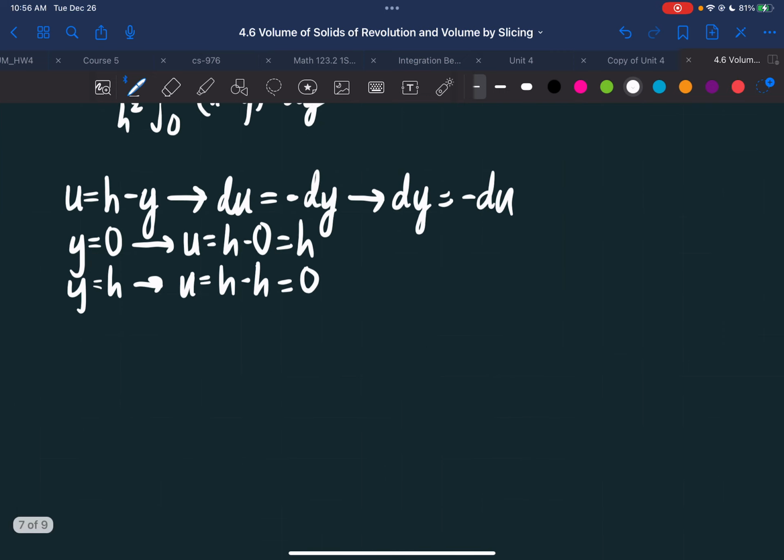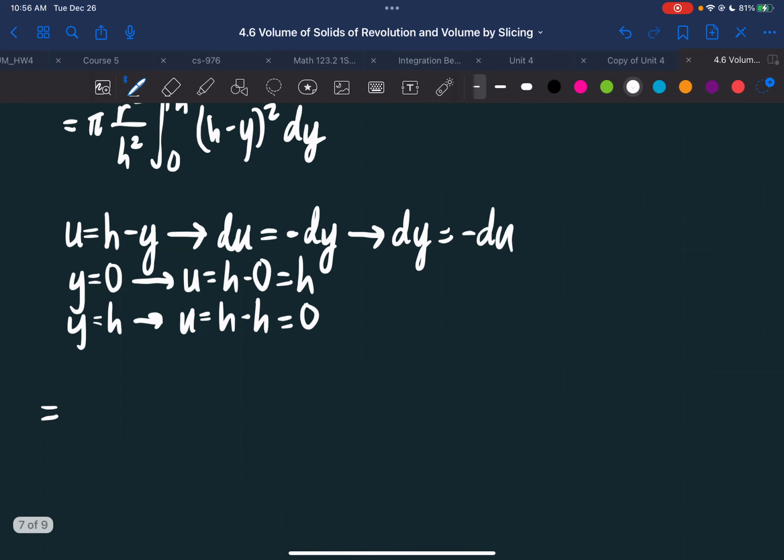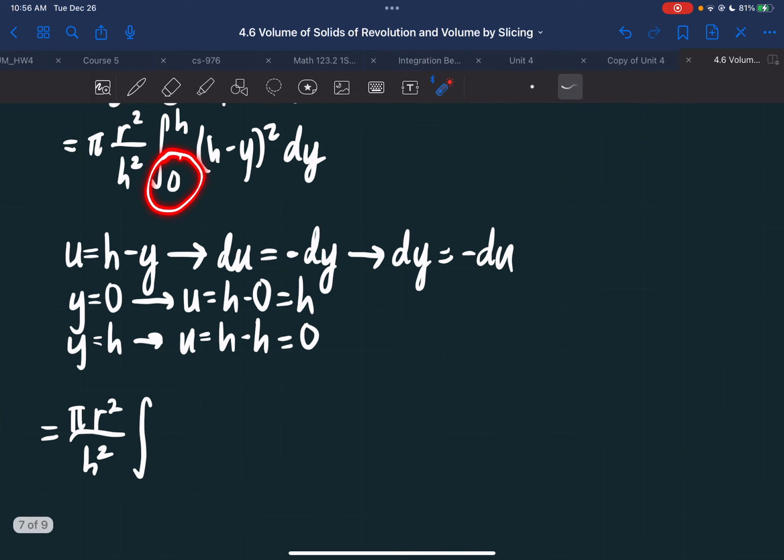And so your integral will look something like this. You have pi times r squared over h squared times the integral. So the y equals 0 here will be changed to u equals h. And your y equals h will be changed to u equals 0 of h minus y. This is your u.